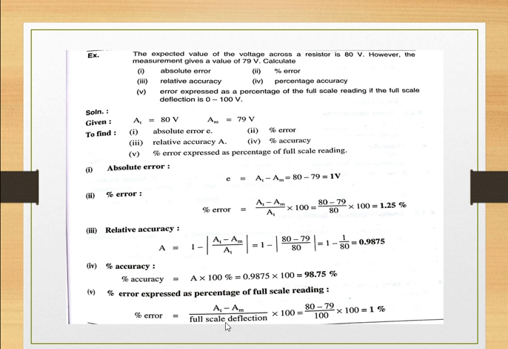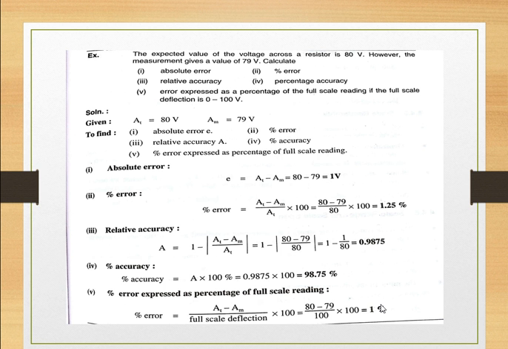So here in this case it is (80 minus 79) divided by 100, and we have to calculate in terms of a percentage, so that's why it is multiplied by 100. So 100 and 100 get cancelled, and finally 80 minus 79 we are getting 1%. So I can say that for full scale deflection of 0 to 100 volt, the percent error expressed as a percentage of full scale reading is 1% here.